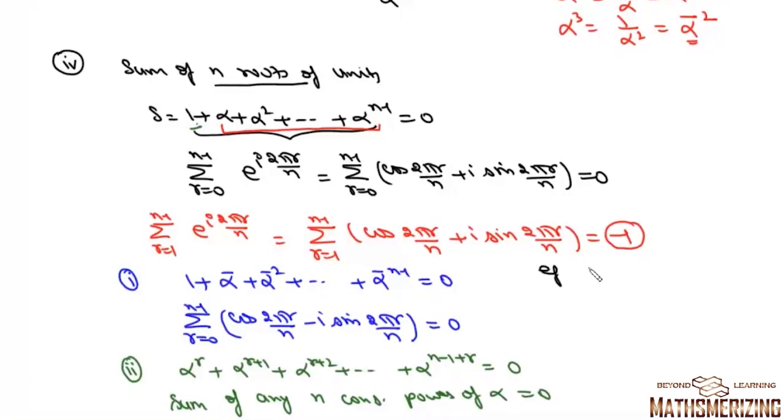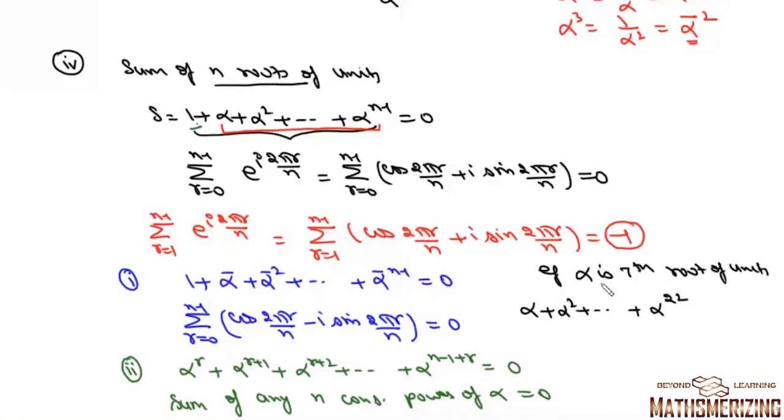Now say for example, suppose alpha is the 7th root of unity, and we need to find alpha plus alpha square up to alpha to the power 22. Now altogether there are 22 powers in this sum.